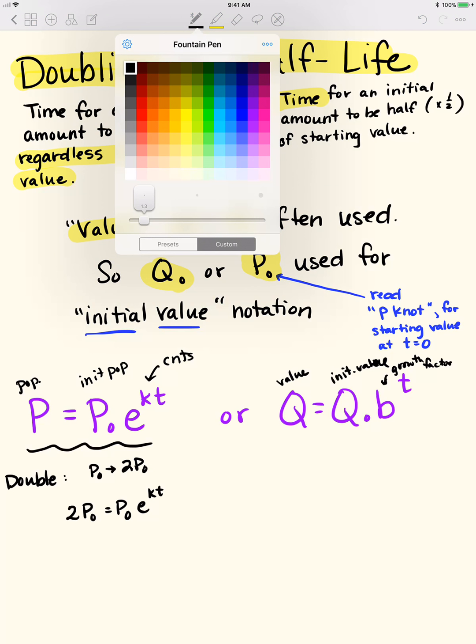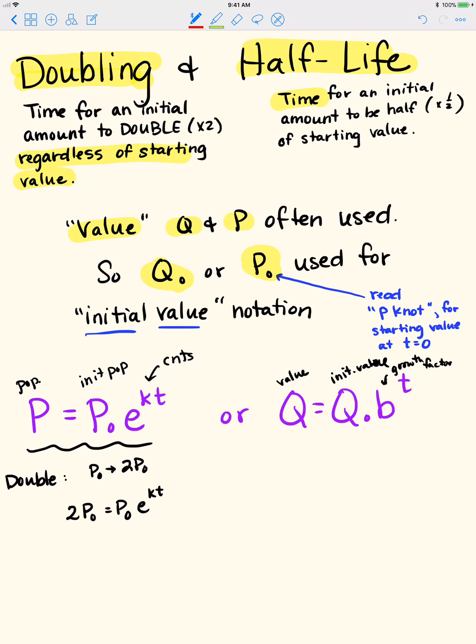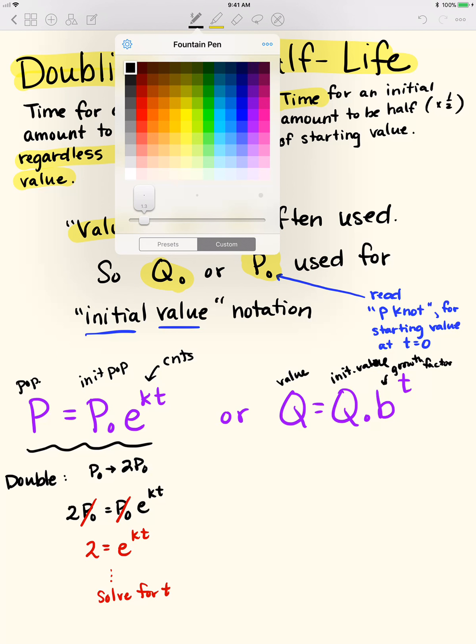And algebraically, if you watch and see what happens here, that initial population divides away to 1, and what you're left with is 2 equals e to the kt power. So if you know the continuous rate at which it grows or decays, then you'll be able to find the time that made that value double, and then you'll end up solving this for t, because you'll be given the k value. And the same thing for the non-continuous equation.